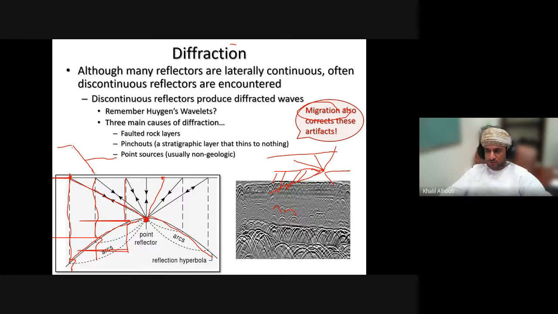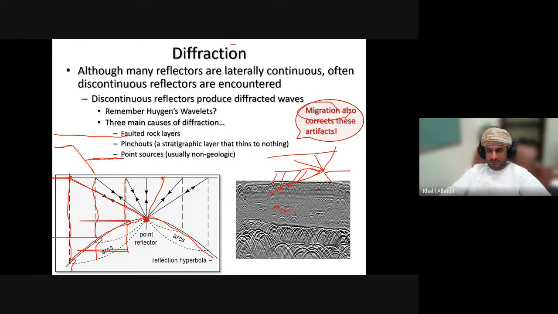How many points do you think will generate diffractions? How many points are there which can generate diffractions? This is a fault where diffraction can happen. How many points can generate diffracted energy, if I have a faulted layer?